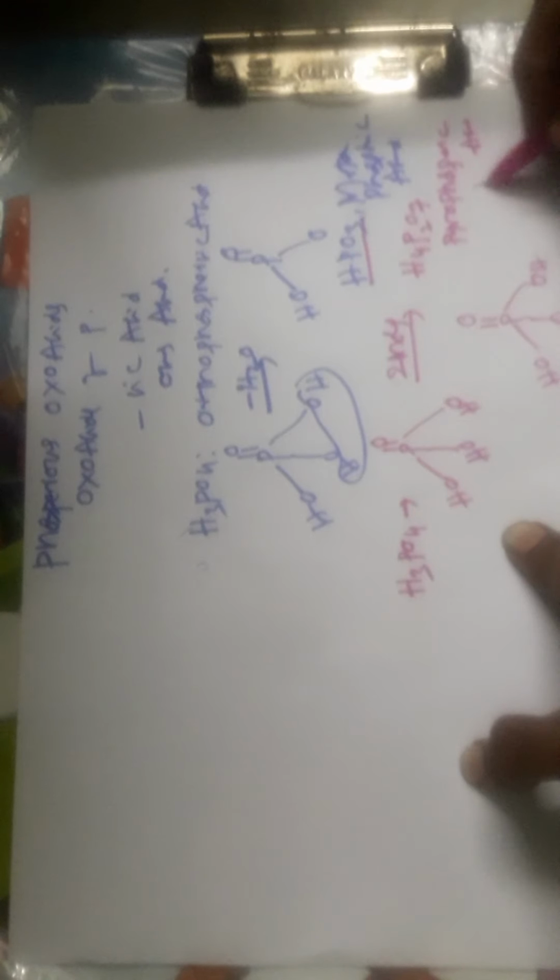If you know the structure, it is very simple. Pyrolysis is nothing but heating, nothing but removing of water. Kindly see the structure: P double bond O, HO, HO, OH. Again another one I am going to give. This is an orthophosphoric acid, and this is another orthophosphoric acid. 2 moles. This is 1 mole, this is 1 mole.